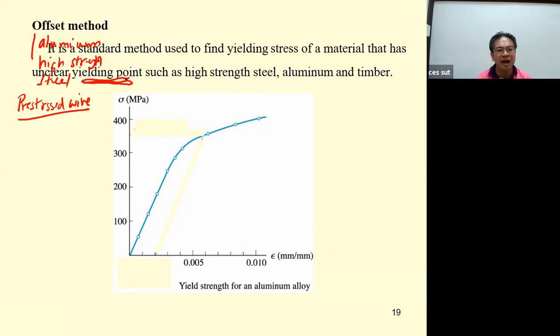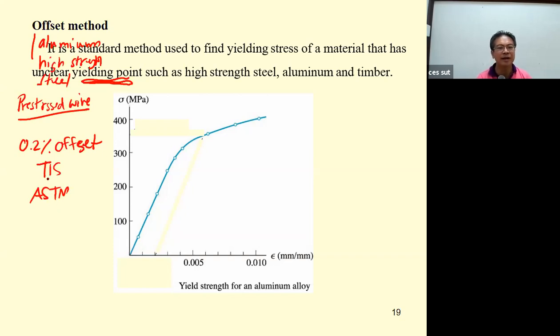It has an unclear yielding point. So for this material, we have to use the 0.2% offset. This will follow the TIS and follow the ASTM.